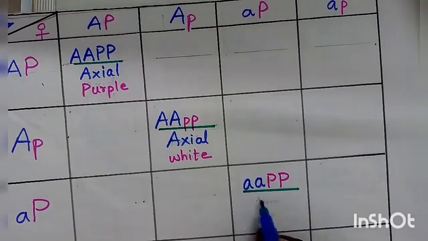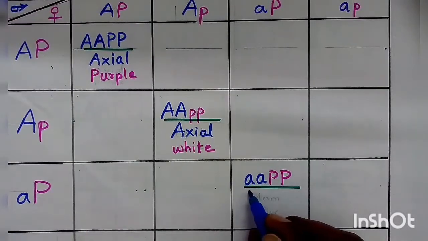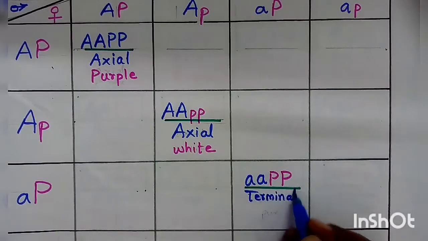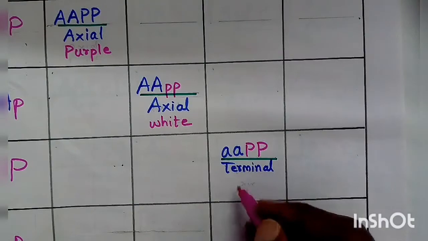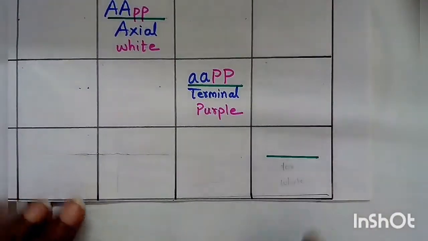What will be its phenotype? Small a is for terminal. The position of the flowers will be terminal. And what will be the color of the flowers? It will be purple.